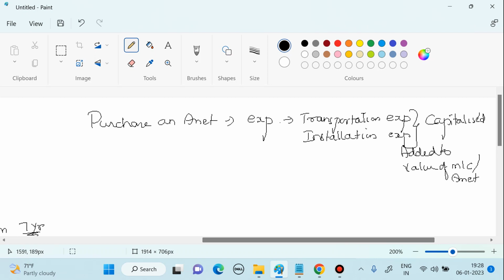Yes, ma'am. But instead of doing that, if you put this transportation expense to transportation expense in the profit and loss account, installation expense into miscellaneous expenditure, then that would be wrong. It should have got added to that machinery. So the machinery was worth 5 lakh. You spent on transportation or freight, is the other term that is used, 20,000.